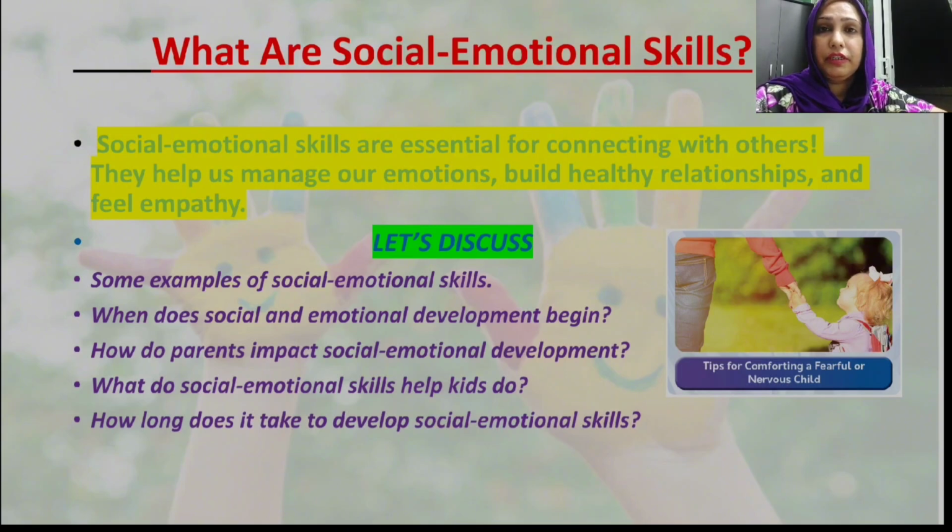Social and emotional skills will help kids in many ways. For example, they will help them make friendships and keep up the friendship, gain confidence, and resolve conflicts on their own. They don't have to be dependent on someone else to come and resolve the conflicts. They can do that on their own.